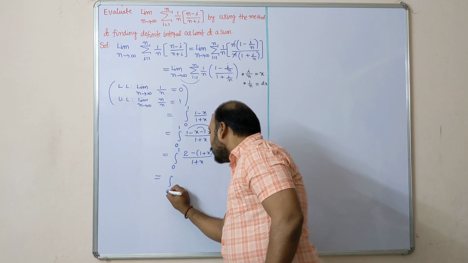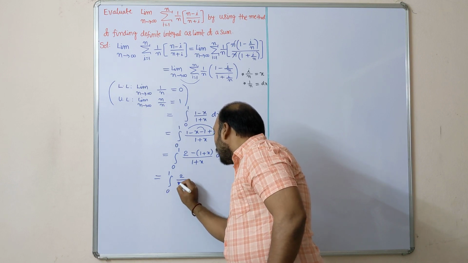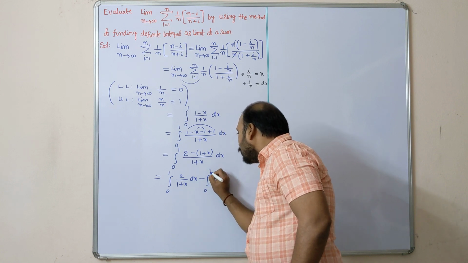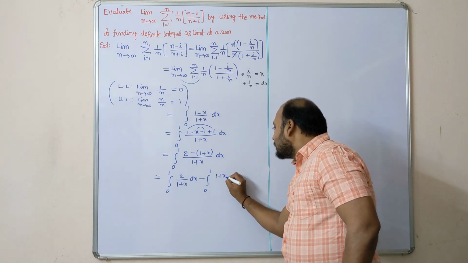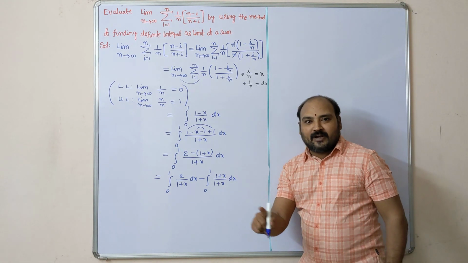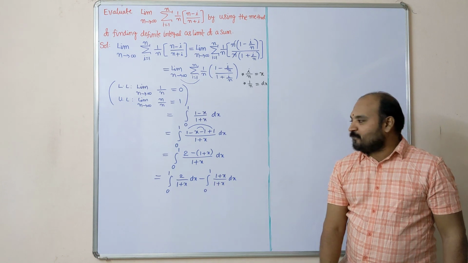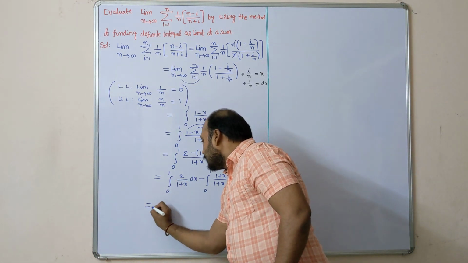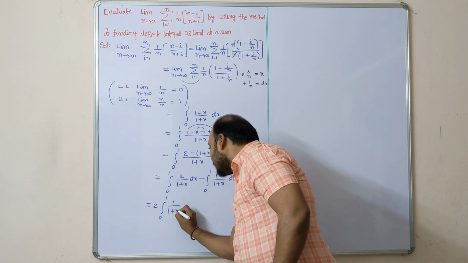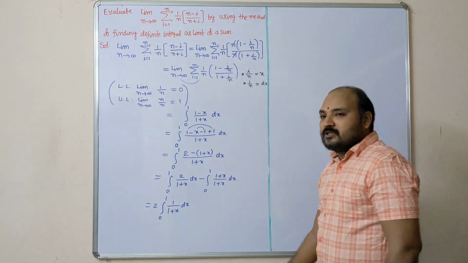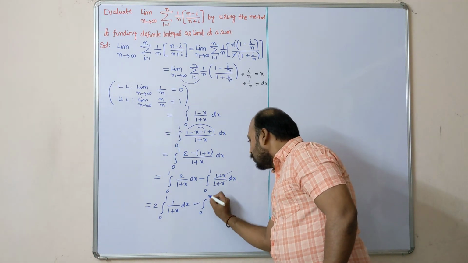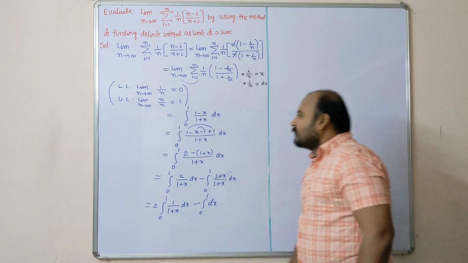So integral 0 to 1, 2 by (1 plus x) dx, minus integral 0 to 1, (1 plus x) divided by (1 plus x) dx. Everyone understand, dear students? I hope so. So the constant 2 we can take outside. Integral 0 to 1, 1 by (1 plus x) dx. So here 1 plus x gets cancelled, minus integral 0 to 1 dx.